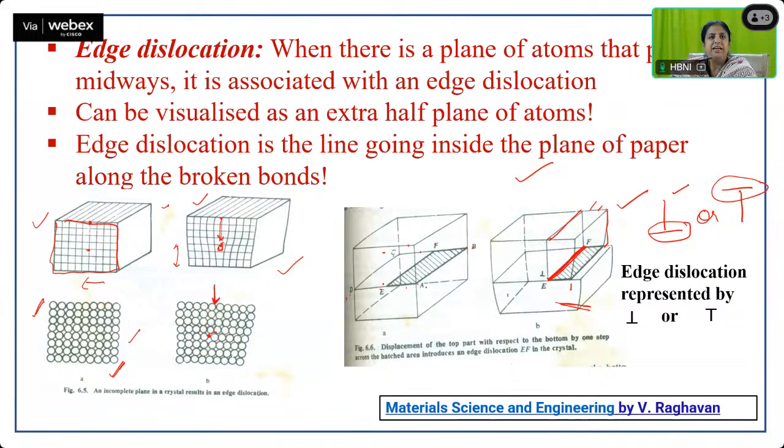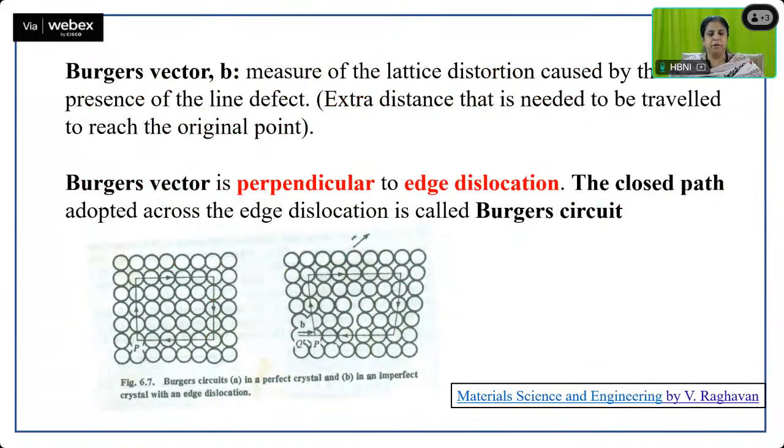And that line which is held dangling is called the edge dislocation. Edge dislocations are represented by either this or this, depending on whether your plane started from the top and parted midways, or it started from the bottom and then ended abruptly. Okay, so this is all about edge dislocation.